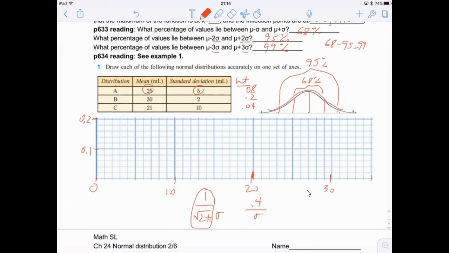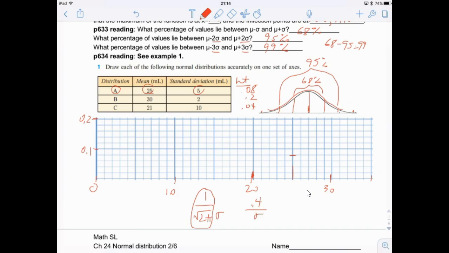First we're going to do A, and we'll mark that one in red. The mean, the center, is going to be at 25, so I'm going to mark 25 here as the mean. The height is going to be 0.08, so 0.08 is about that tall.